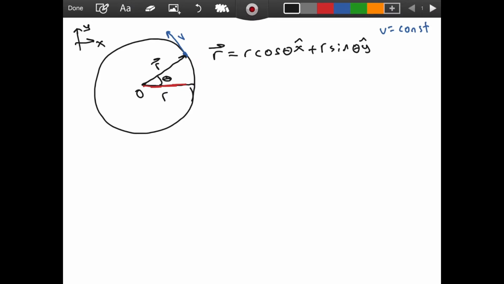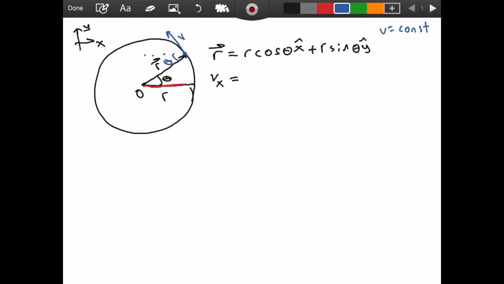What about the components of our velocity? Let's write Vx. Well, we need to do a little bit of geometry here. So I draw a horizontal line here. We know that this angle is theta. And this is a very important thing.